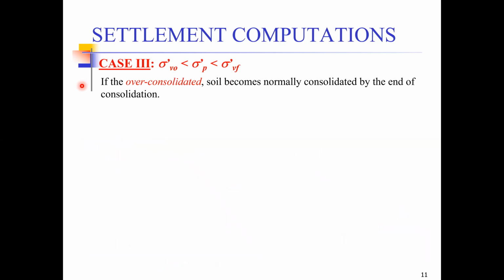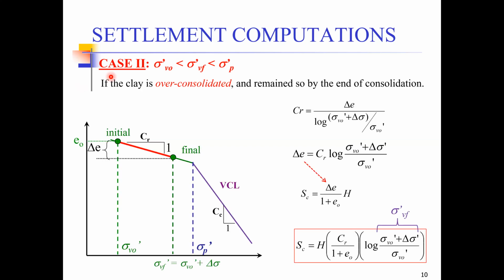Now finally, there is a third case of an over-consolidated soil. This is quite an interesting case. If you look at the previous one, here what happened was that your initial stress was less than the pre-consolidation pressure. But when you increase the stress, the final stress was also less than the pre-consolidation pressure. It means all the consolidation settlement occurred in the over-consolidation zone.